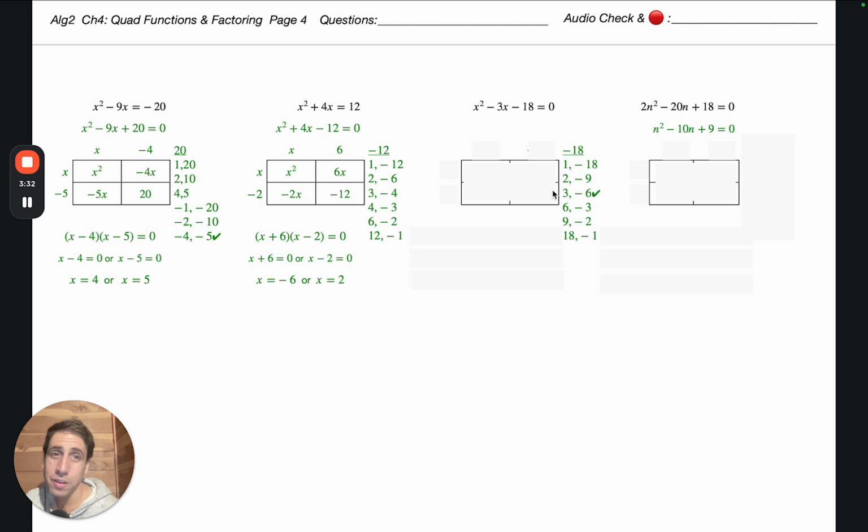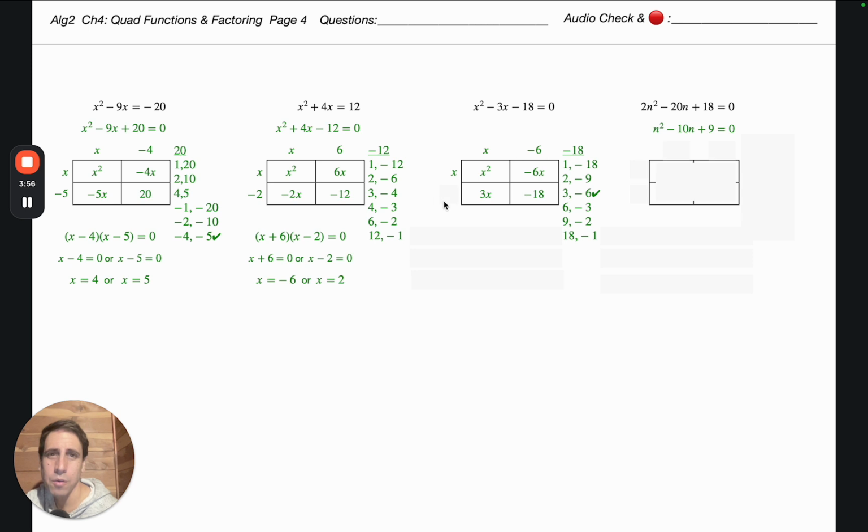And here, this one, 3 and negative 6. So I'm going to separate this negative 3x into 3x, as I found here, the positive 3 and negative 6 x's. All right, greatest common factor here. And then what times x gives me x squared? X. What times x gives me negative 6?